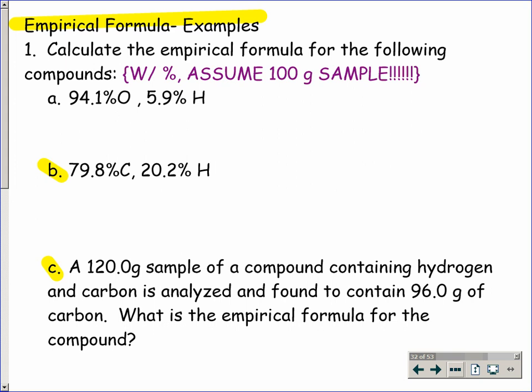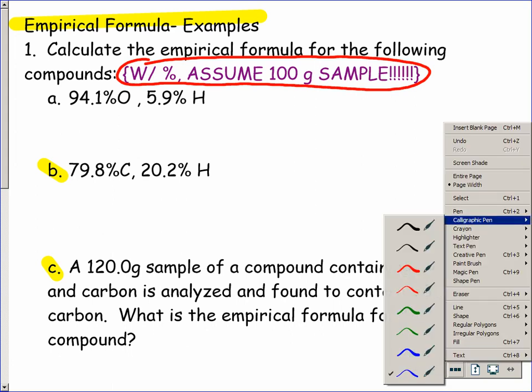Then we're like, yeah, I can deal with grams. How do I get from grams to moles? Molar mass, right? So that's such a natural thing for us now. So if I give you a percent, assume a 100 gram sample, and then take that percent and call it grams. So I'm going to do 1B first for you. If I have a percent, I'm like, nope, can't work with percents. I'm going to do what? Assume a 100 gram sample.